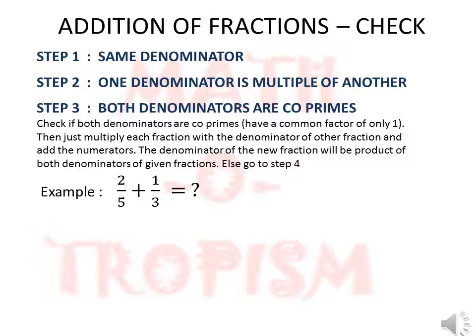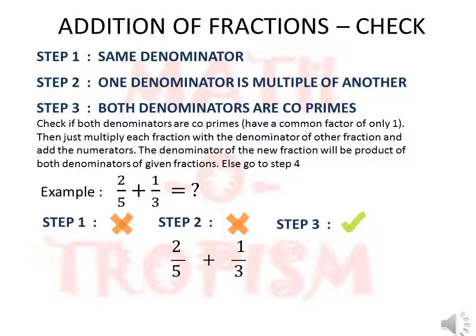So now how do we proceed? Step 1 not possible, step 2 not possible. Now step 3 is one we have to do. So what is that? We multiply each fraction with the denominator of the other fraction. So what we are doing? We are multiplying 1 with 5, 2 with 3. That is, we are just cross multiplying, and then we are going to multiply the denominators and write it in the denominator.